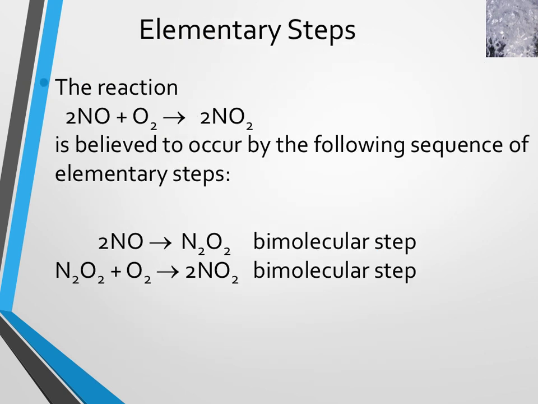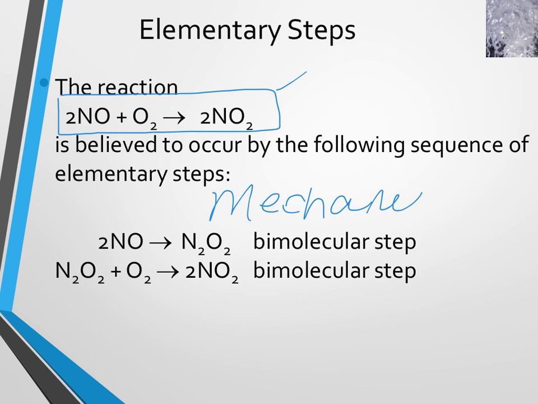So let's look at a particular reaction and its elementary steps. This would be the overall reaction between nitrogen monoxide and molecular oxygen to give nitrogen dioxide. That's an oxidation reaction. And so scientists through studying have found that the mechanism of this shows that it actually occurs in 2 elementary steps.